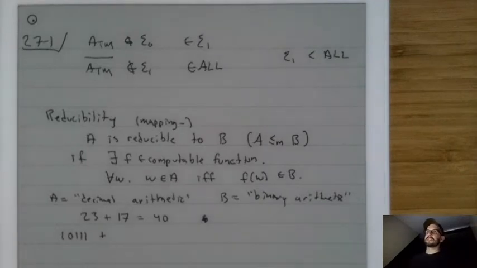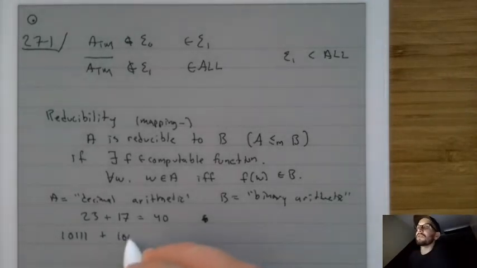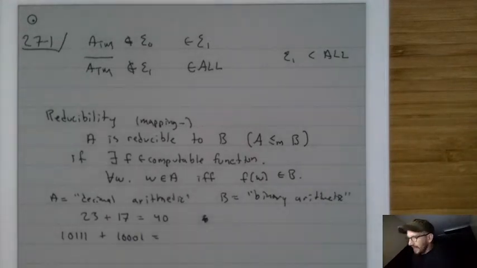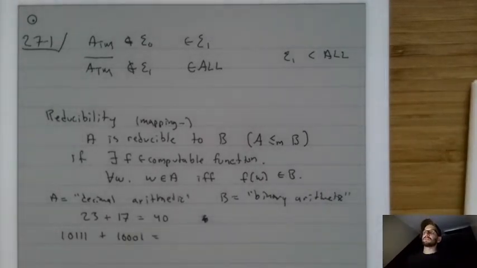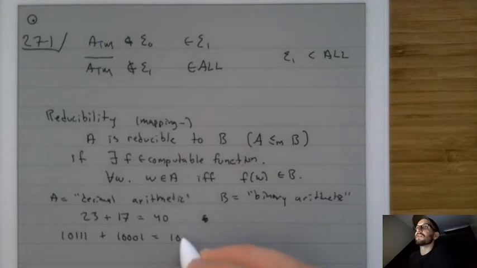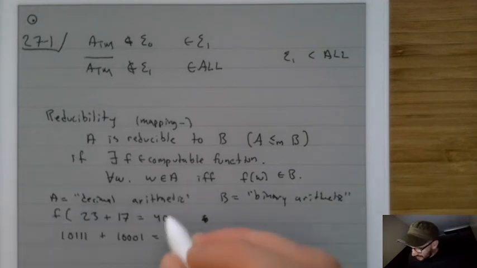Then we want 17, which is 1, 0, 0, 0, 1, and we want that to be equal to 40. And 40 is 1, 0, 1, 0, 0, 0. So f is the function that takes this problem and returns that problem.